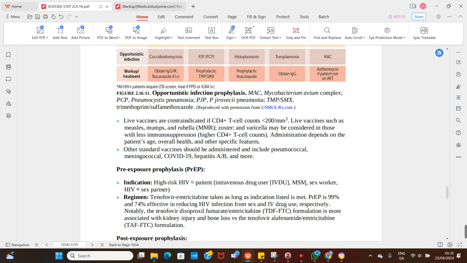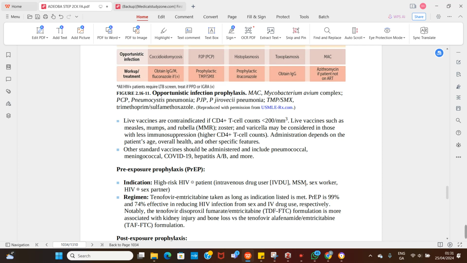So other standard vaccines that you must give them, regardless of their CD4 count, are what? Pneumococcal, against meningitis, meningococcal infection, influenza. By the time you are talking about your pneumococcal, you're talking about meningococcal, you have to chip in the influenza vaccine there. The inactivated influenza vaccine. So that's the one you inject, and not the intranasal one.